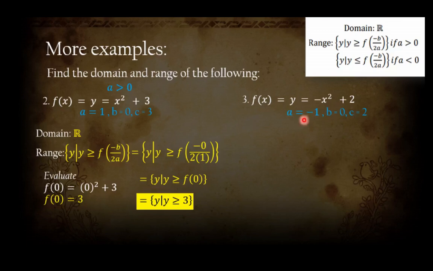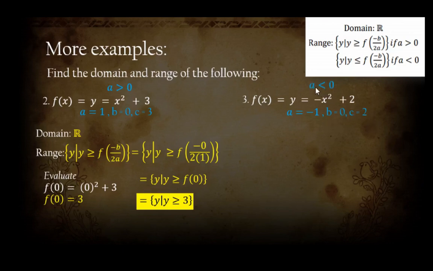So the coefficient for the first term is negative 1. That is our second degree. For the second, our first degree, since it is not visible in the function, we will write 0. And c is the coefficient, that is 2.